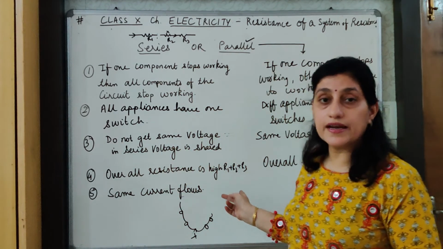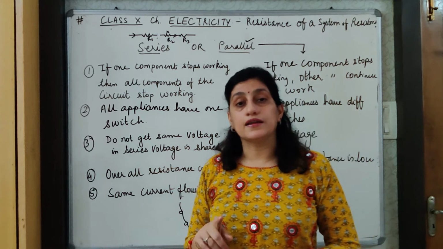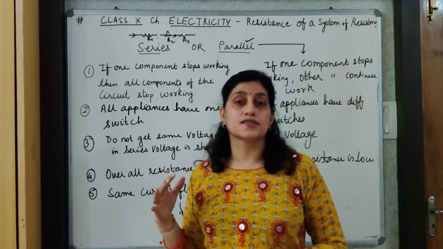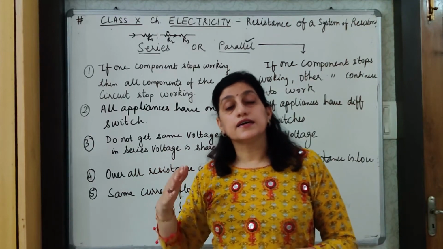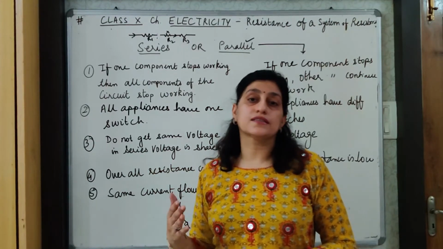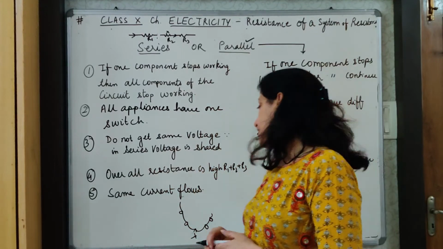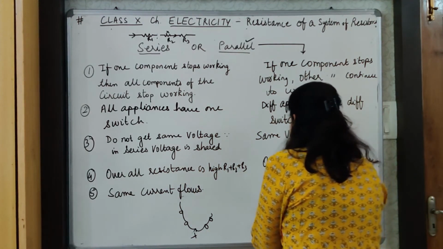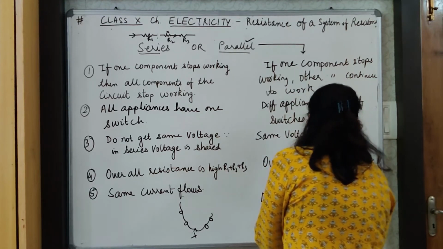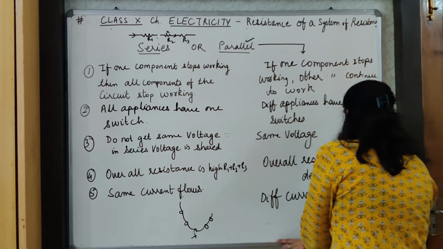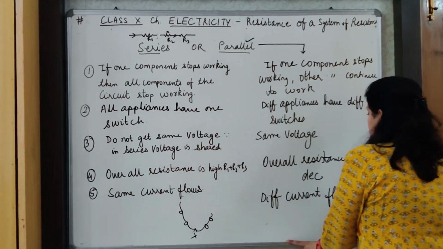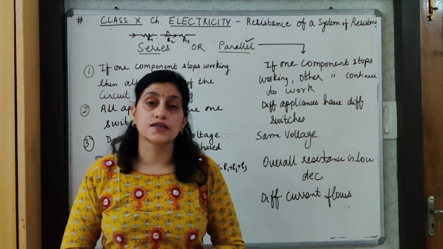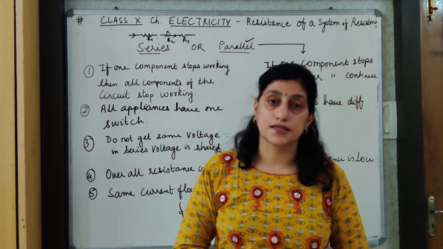But when we connect them in parallel, the current divides according to the appliance resistance, and hence each and every appliance gets current according to its requirement. So here different current flows according to the requirement, and therefore parallel circuits are preferred or are used over series circuit in the domestic circuits.